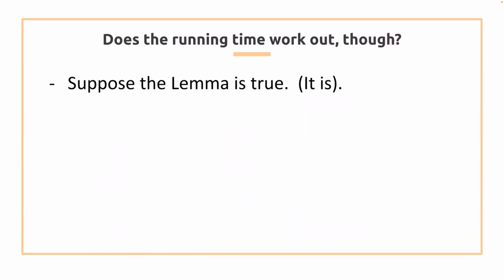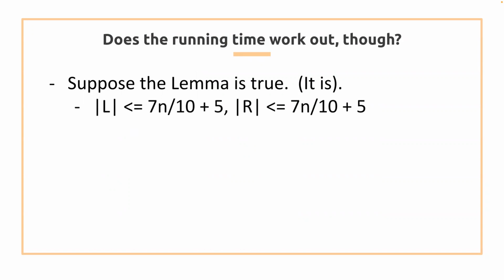So suppose the lemma is true. It is because we just proved it. So that means that the left side is at most 7/10 and the right side is at most 7/10. Then what does our recurrence relation for the algorithm look like? So our algorithm, T of n, what is the recurrence relation for our algorithm now?